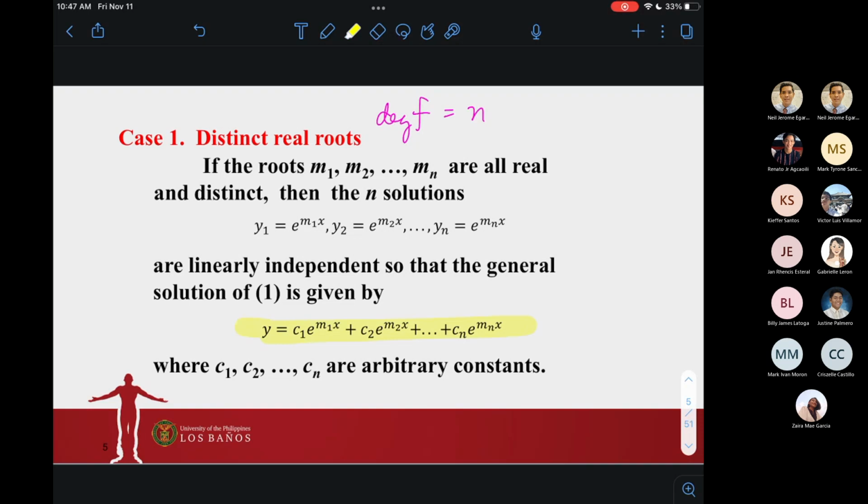At sure na tayo ngayon na wala nang ibang solutions kundi yung mga nasusulat in the form of a linear combination of these exponentials. So yun yung conclusion na pwede nating masabi ngayon. Pag sinolve mo yung roots ng auxiliary polynomial, lahat sila ay iba-ibang mga real numbers, then linear combination lamang ng e to the root times x yung ating general solution. All right?